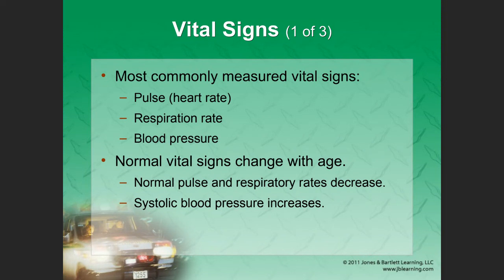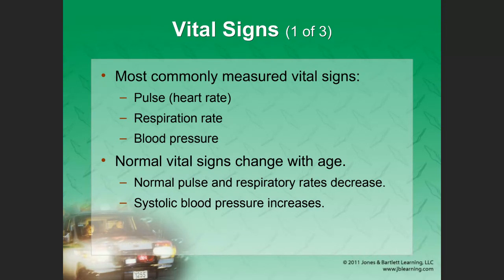Oh, right. A normal, hold on, let me backtrack. Somebody asked a question in the chat. A normal pulse rate is 60 to 100 beats per minute for an adult. The younger the patient, the faster the pulse will be. So for an adult, it's 60 to 100 beats per minute.